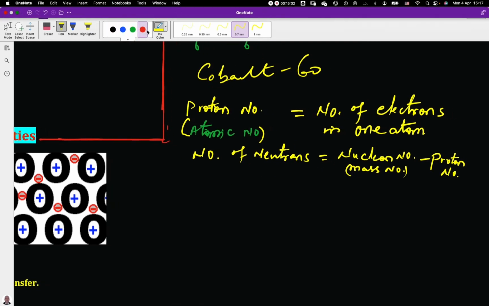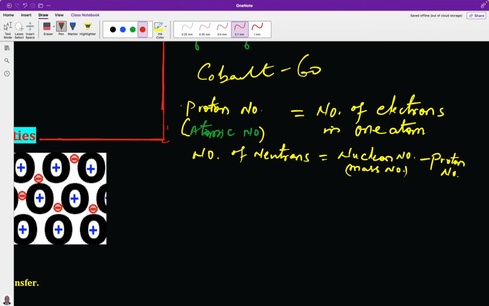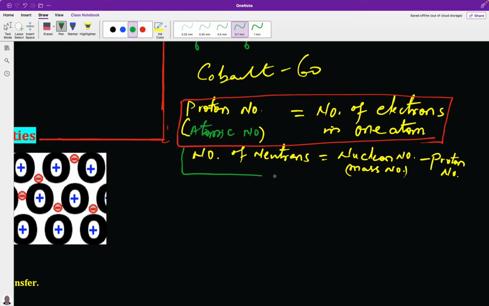Summarizingly, the proton number or atomic number is equal to the number of electrons in one atom, and the number of neutrons is the mass number minus the proton number.